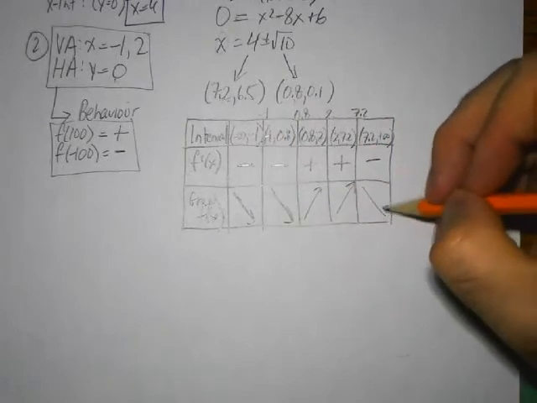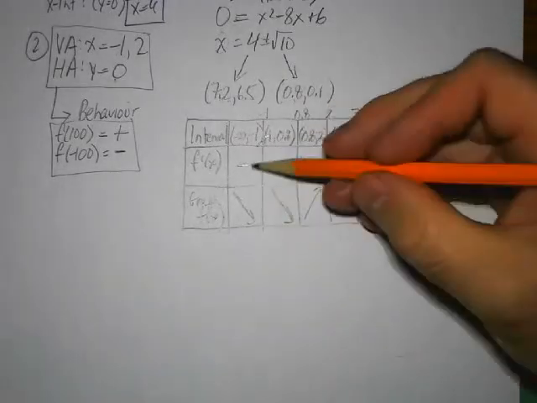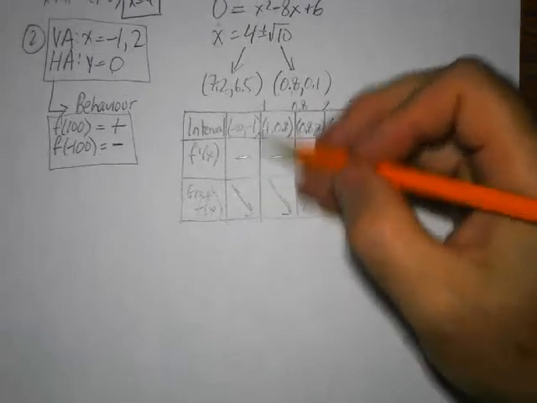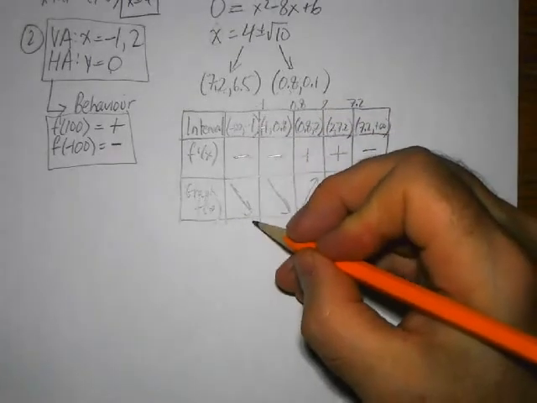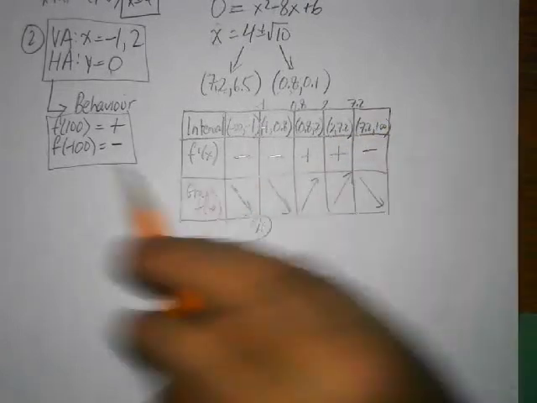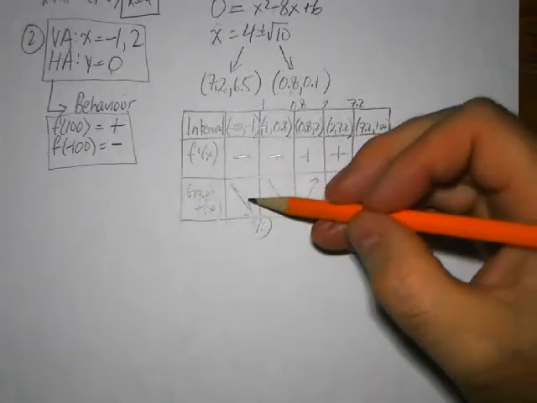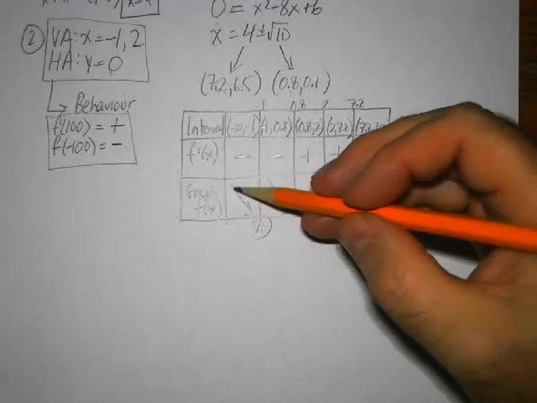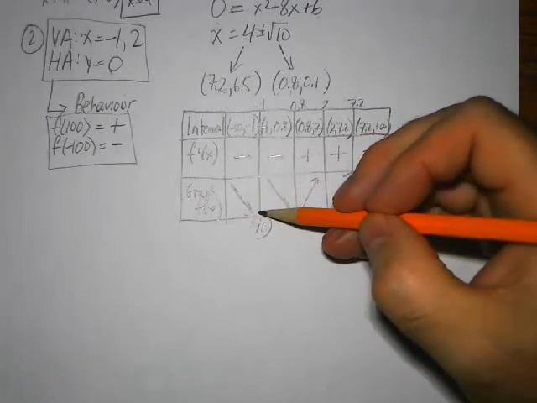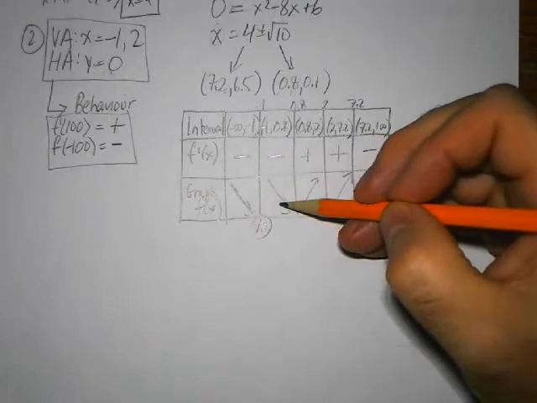That's a very direct interpretation of those signs. Okay, so what do these points mean? Well, we already know that this is a vertical asymptote. And what I was saying about the vertical asymptote behavior, we know that the function is decreasing to the left of this vertical asymptote and also decreasing to the right as well.